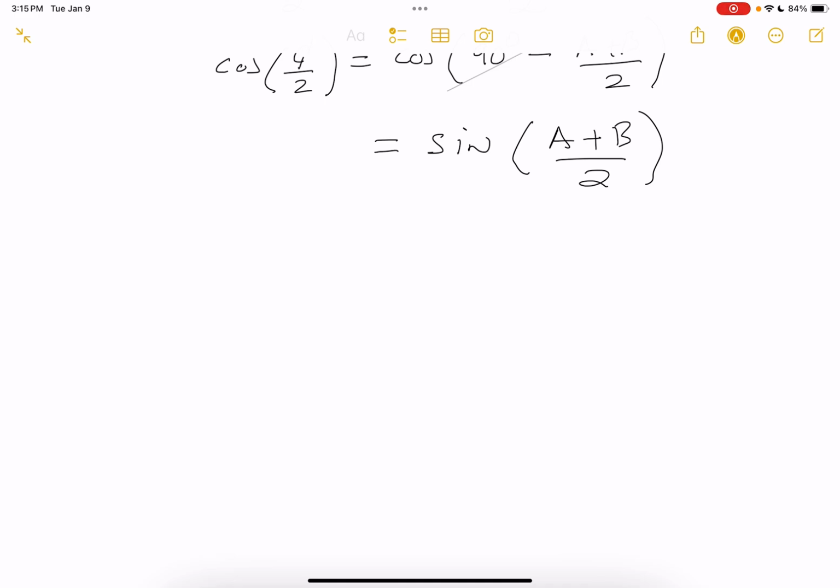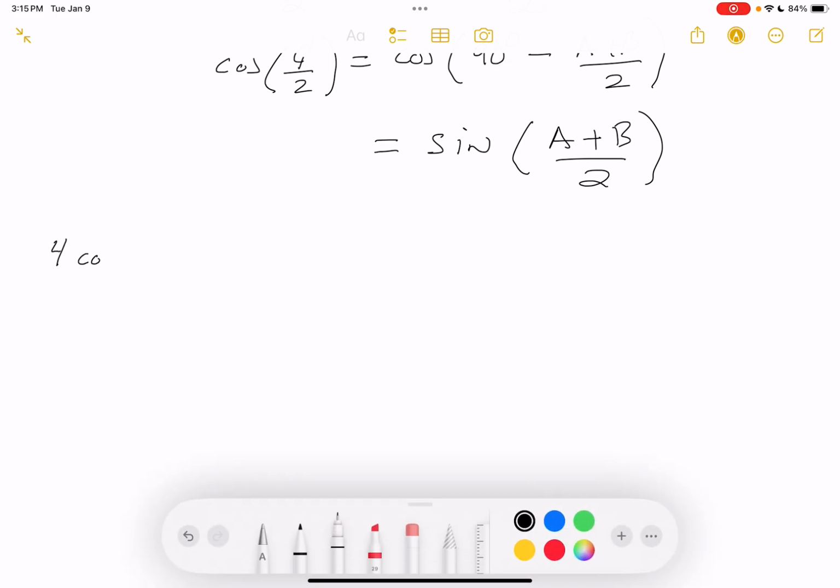I'm going to write this down now. 4 cosine A over 2 times cosine B over 2 times cosine C over 2. And by the way, I'm looking at the original problem.